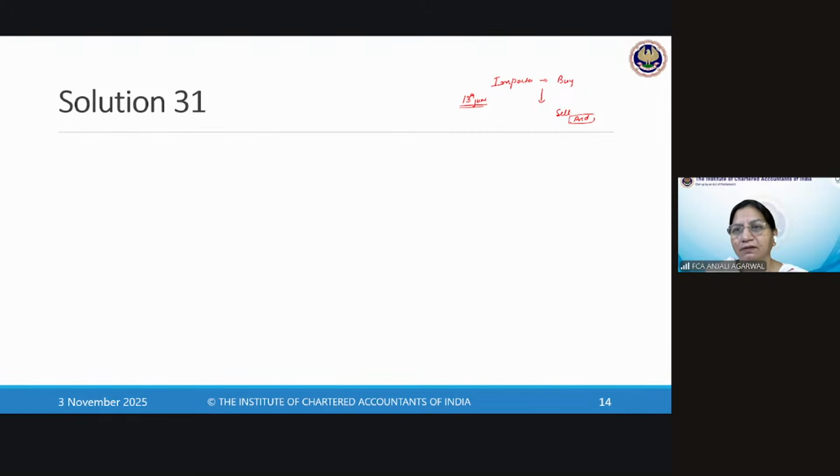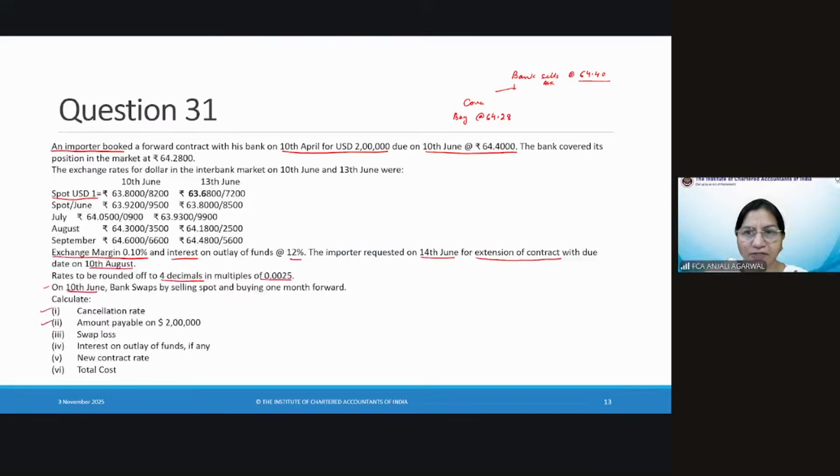Okay. So importer was supposed to buy foreign currency. Now to cancel, he has to sell. He's coming on 13th June, so he will sell on 13th June. Applicable rate for bid US dollar on 13th June, 63.6800. So first part, what is the cancellation rate?